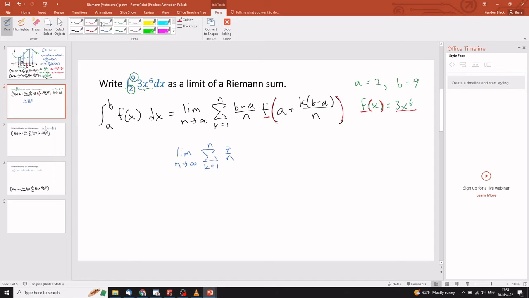Okay? So what this is going to become is 3, and then instead of x, we're going to have a, which is 2, plus b minus a over n, we already determined was 7 over n. We're going to multiply that by k, so it's going to become 7k over n.